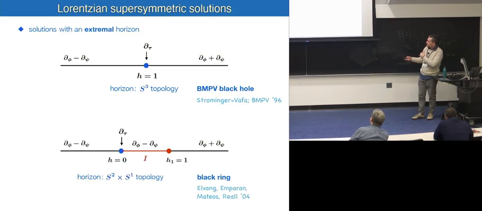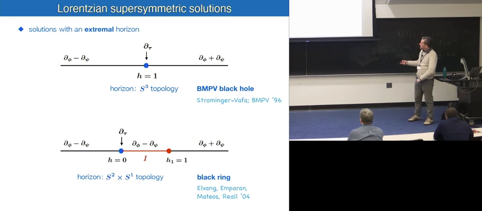So this diagram also represents an S3 topology, so it corresponds to the BMPV black hole. We may be interested in more complicated topologies, so we should consider horizons with a non-trivial rod. If we consider this other diagram, we have a horizon here, and the vector that collapses here is again the time-like Killing vector.